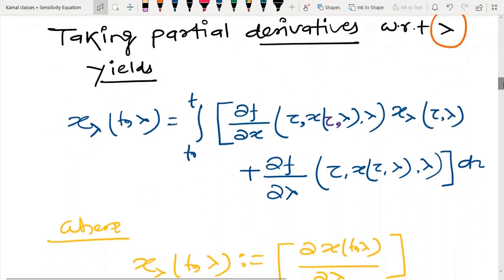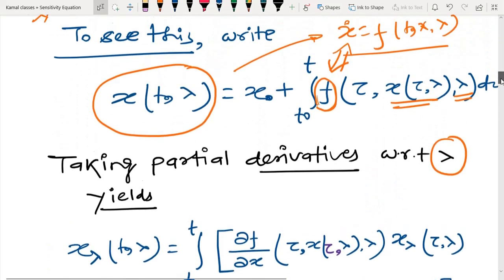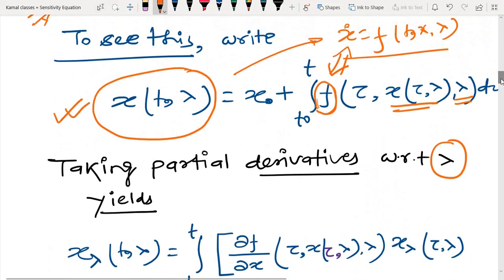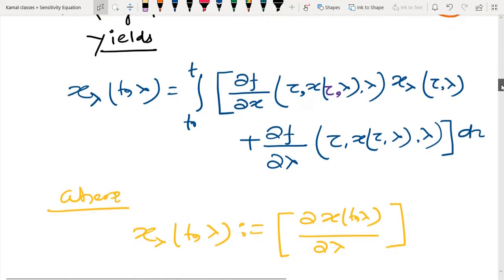So I am going to differentiate this integral equation with respect to lambda. So dou x by dou lambda, because this is an explicit function of time also, due to that reason the partial derivative comes into picture, and I have defined that partial derivative like this.